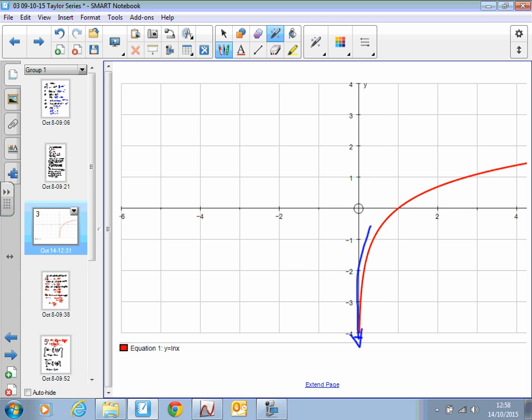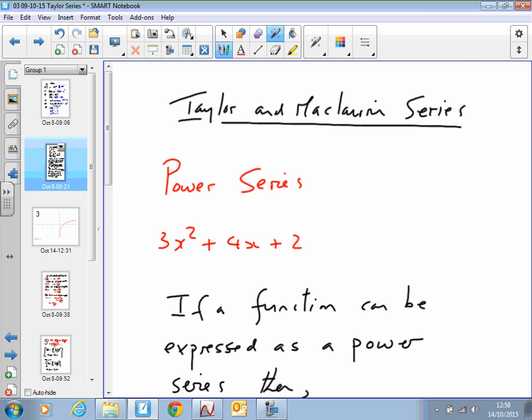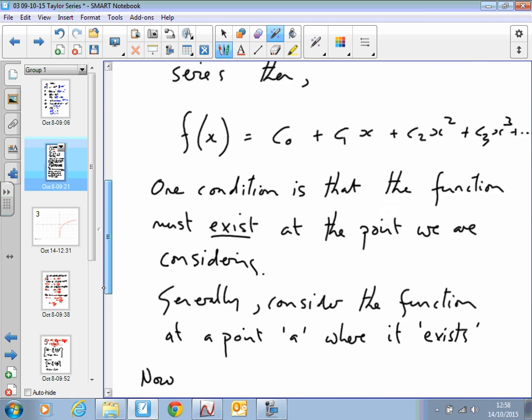The function does not exist when x equals 0. So we can't consider the function around the point x equals 0, but we could consider it around other points. Here, for example. So long as the function exists at the point we're considering, then we can represent it as a power function.